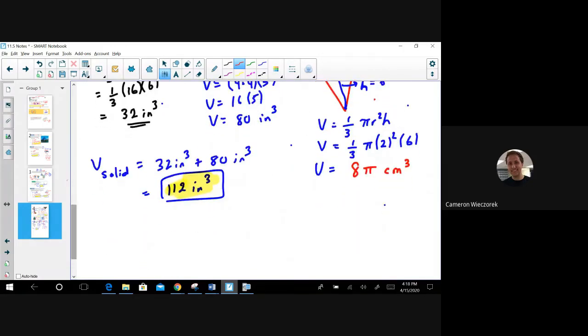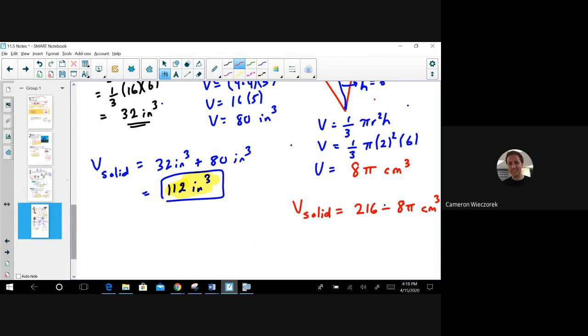I got the 2 pieces now, so you got to remember, I'm drilling out this cone from that block of, say, ice. So I need to take out space. So the volume of that leftover solid with that carved out cone is going to be the volume of the entire cube, 216, minus the volume of that cone, which was 8 pi cubic centimeters.